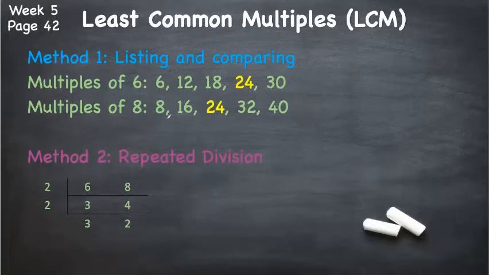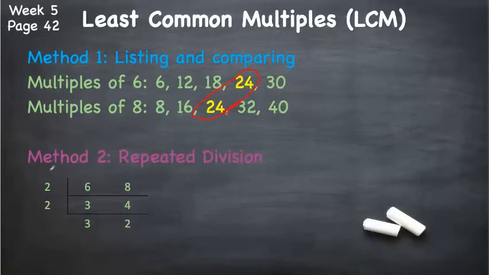So let's try 8, 16, 24, 32, and 40. We can see that 24 is a multiple of both 6 and 8. All you have to do is compare and circle the common multiples. That's how you find the LCM of two or more numbers.